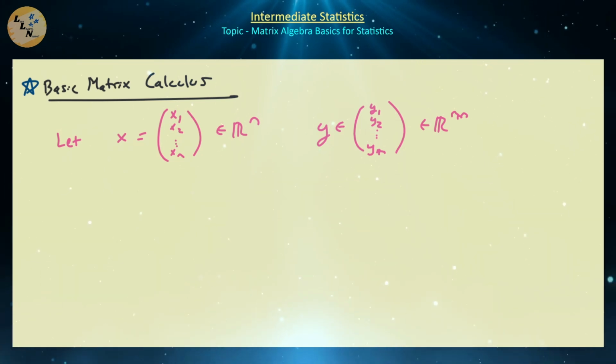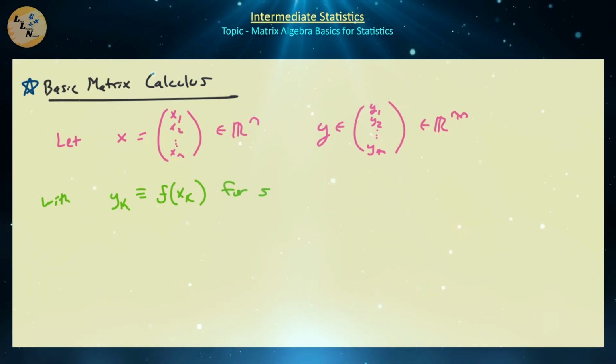So once we get to some notational things in the multivariate world, we're going to assume that yk, a particular element, is actually going to be the result of some function f applied onto, for example, xk, for some multivariate function f.